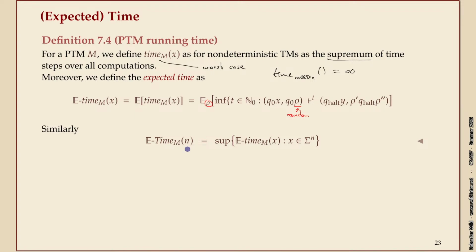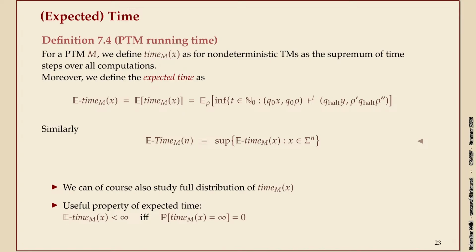As before, instead of a specific input, we define an input size, and you just take the worst case of all inputs of that size. That's as before. So I try to be consistent with having lowercase time be on a specific input and uppercase time the worst case over inputs of a given size. Of course, instead of the expectation, you could also take the full distribution, and sometimes we will.